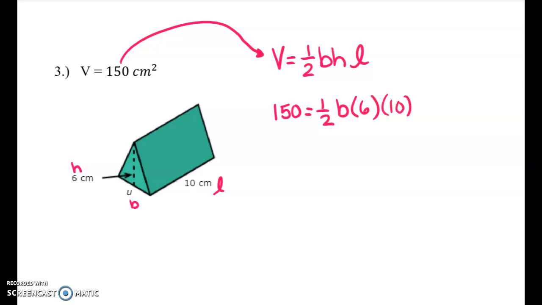So what I'm going to do is multiply the numbers I know, 1/2, 6, and 10 together. 0.5 times 6 times 10, and that's what I'm going to divide to both sides. So 150 equals 30B, and that means I'm going to divide 30 by both sides. It's going to give me that my answer is 5. So B is 5 centimeters.